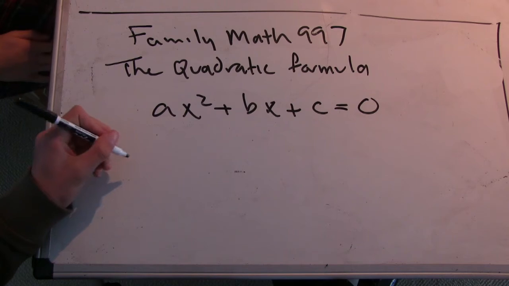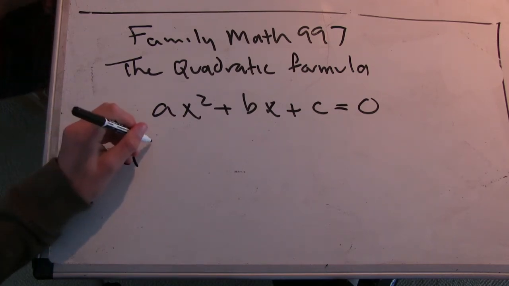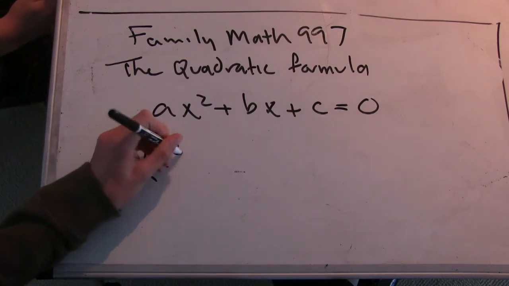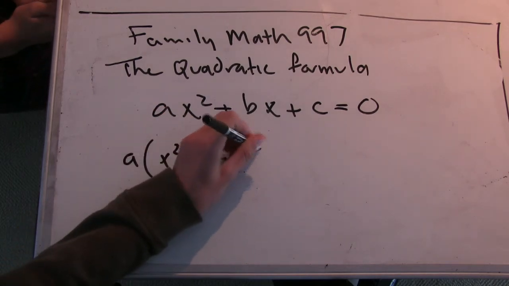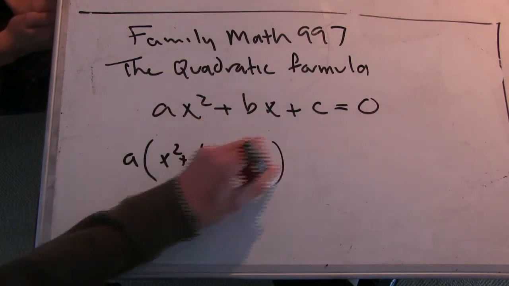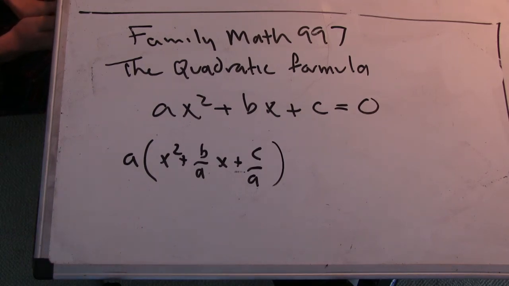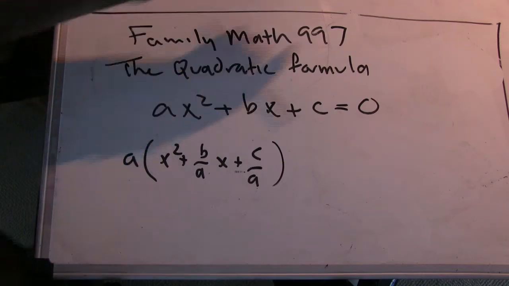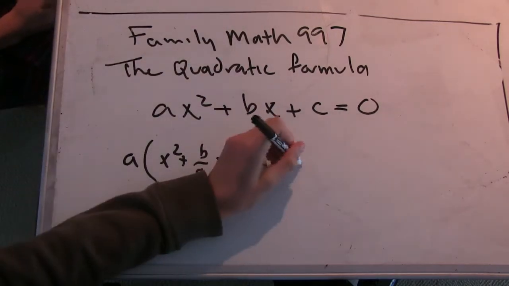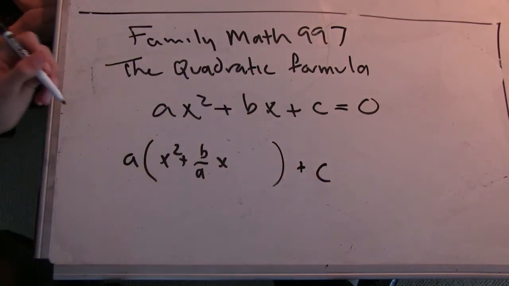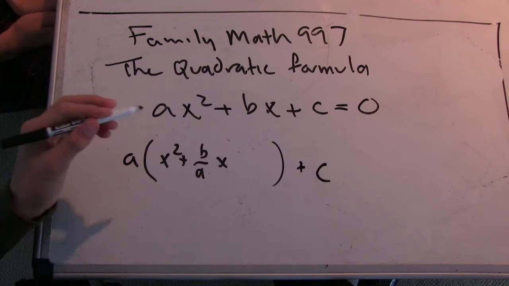I'm kind of putting you on the spot. We want to factor the a out. I think that's how it goes. So you've got x plus... First, let's make it a bit less complicated. I'm going to leave this c out here, because we're going to have to manipulate that a bit later.